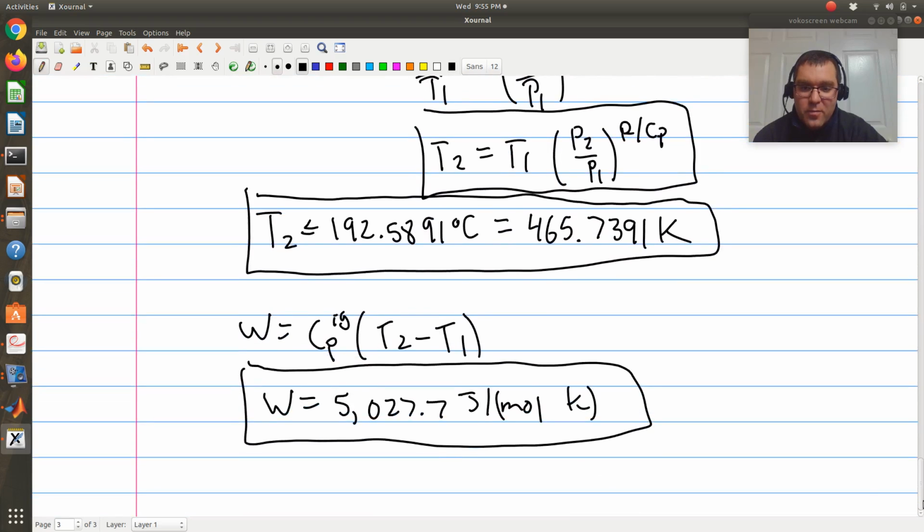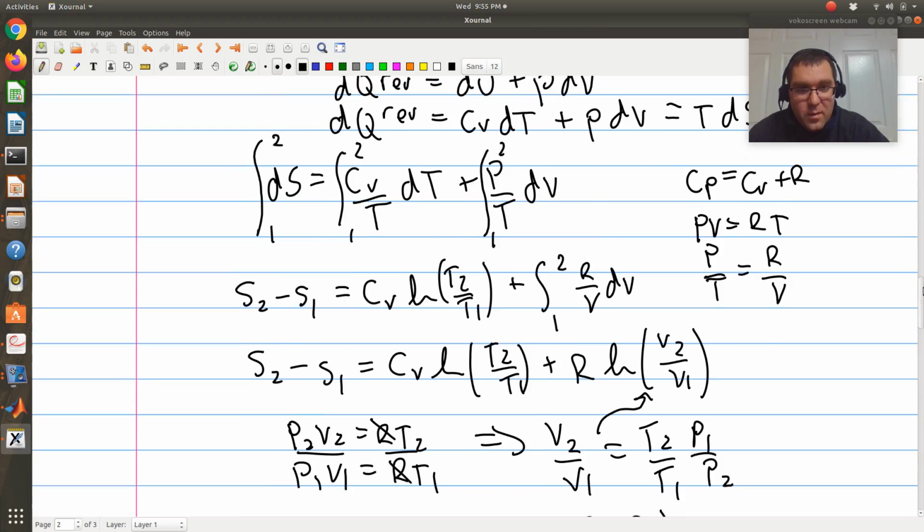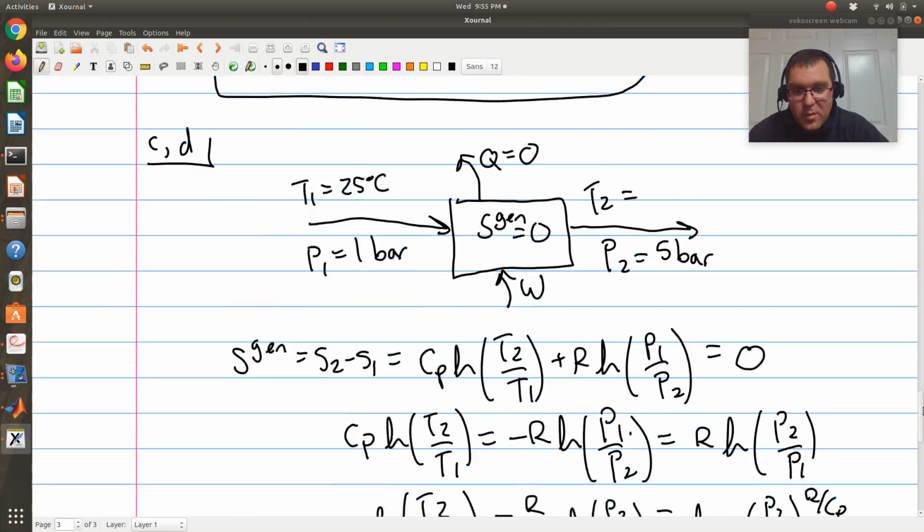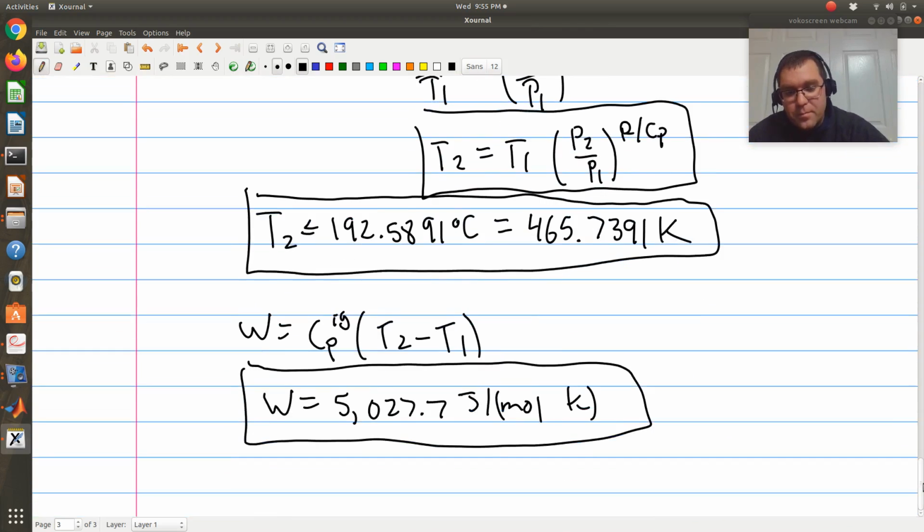And then for the reversible case, the work is smaller. We go from 5,250, so about 200 joules per mole smaller. So this isn't joules per mole Kelvin. This is just joules per mole.